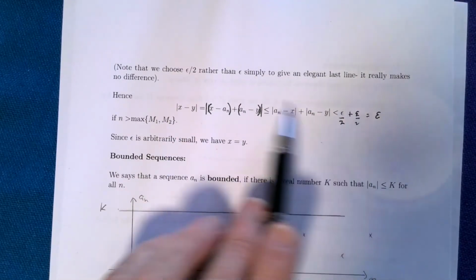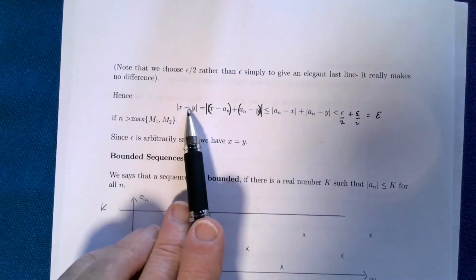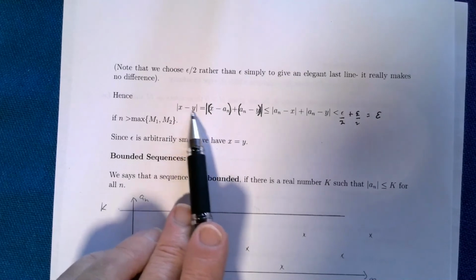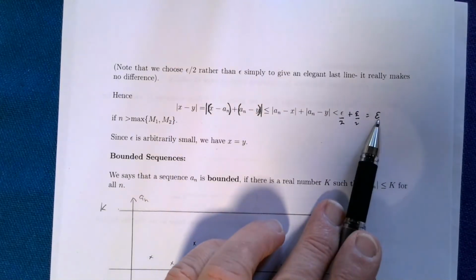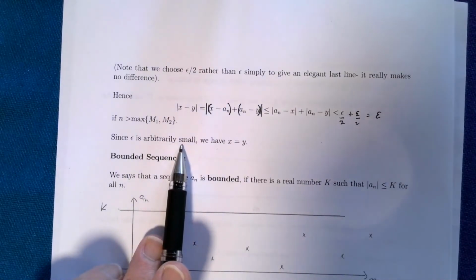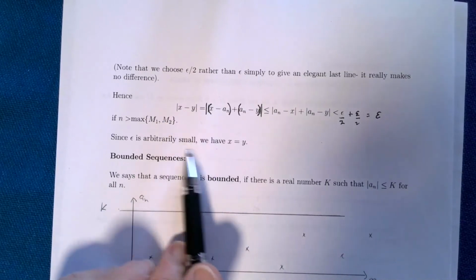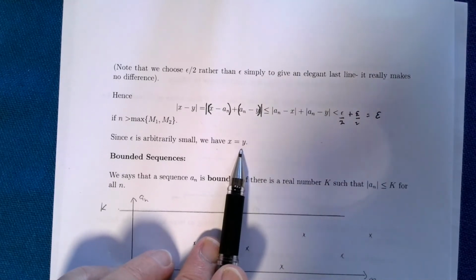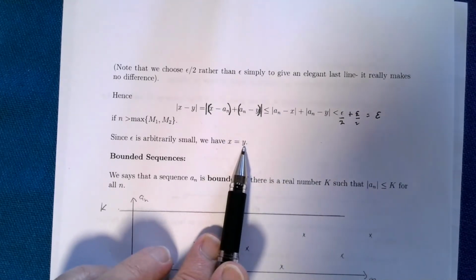So if we now look at what we've written, given any number, no matter how small, the difference between this x and y is less than this epsilon. And since epsilon is arbitrarily small, any two numbers that can be made arbitrarily close together have to be equal. And that proves that the limit of the sequence is unique.